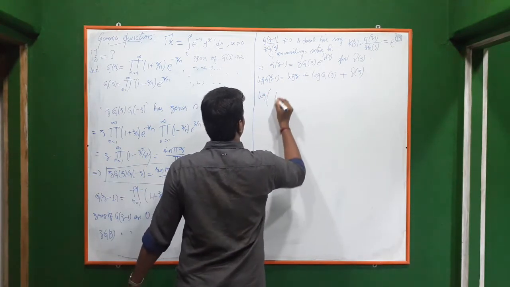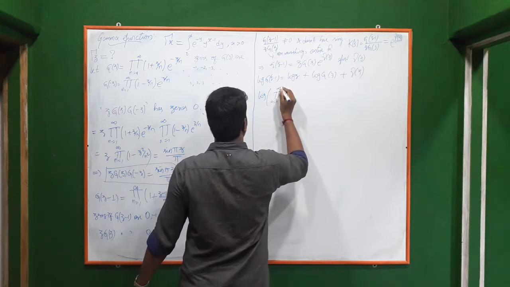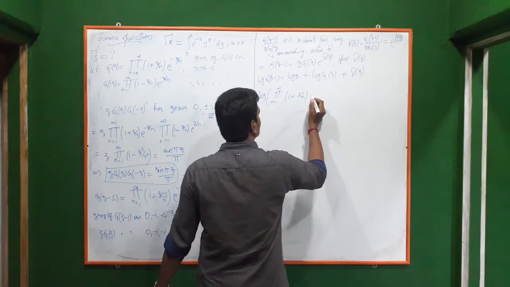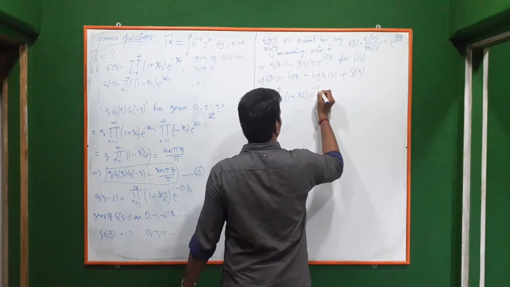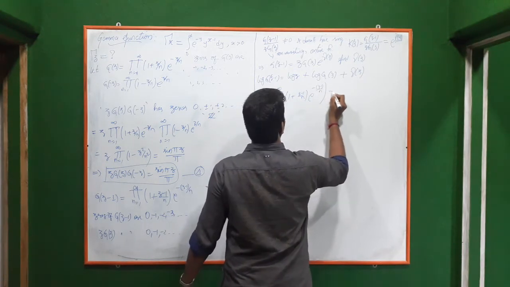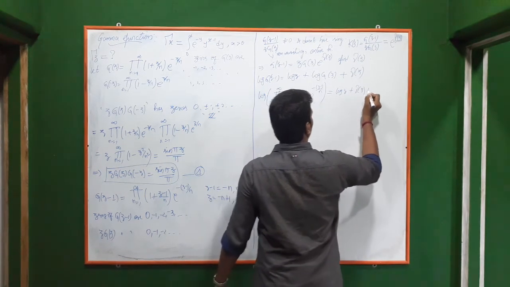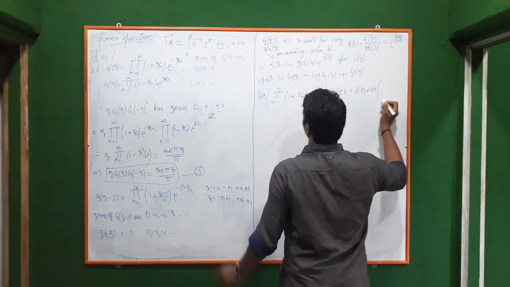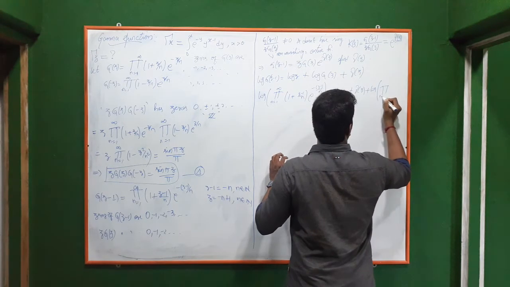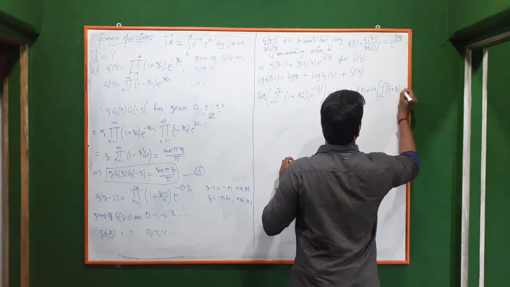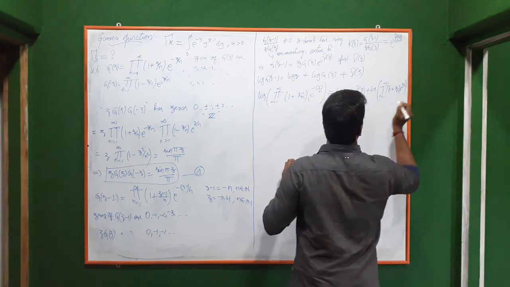Log of the product n from 1 to infinity (1 + (z-1)/n) e^(-(z-1)/n) is equal to log z plus gamma of z plus log of the product n from 1 to infinity (1 + z/n) e^(-z/n).